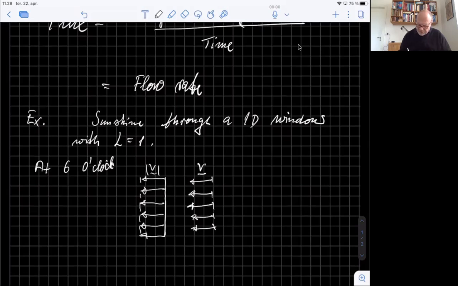So if you look at this rectangle here, then the flux is equal to the area of the rectangle, and this is the length of the solar vector field times 1, which is the length of the window, and this is simply the length of the solar field.